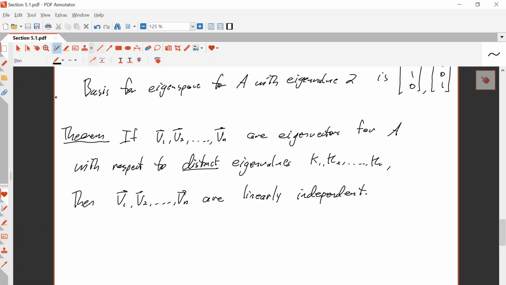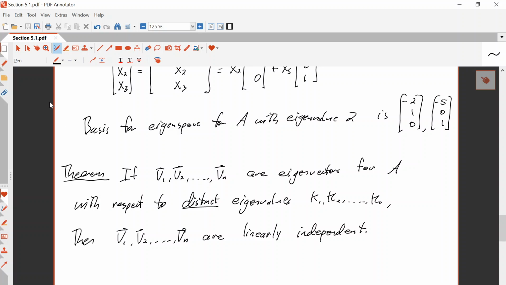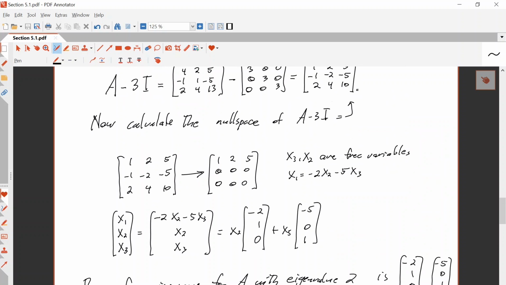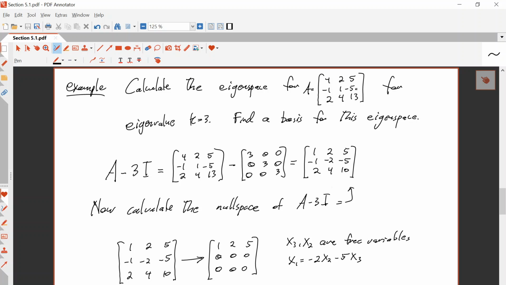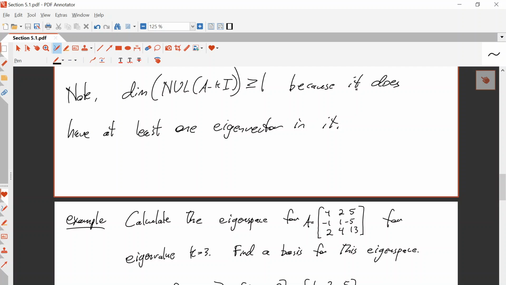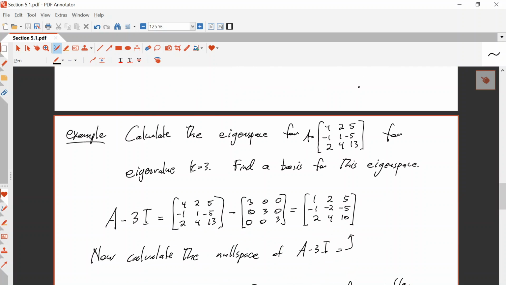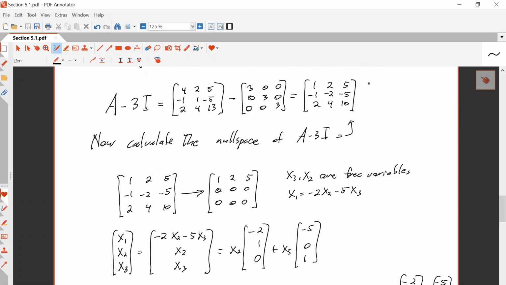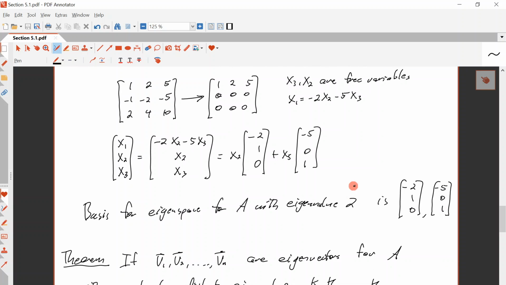If you have vectors for the same eigenvalue, they might be linearly dependent. These are two vectors with the same eigenvalue, 3. The original example was with eigenvalue 3.